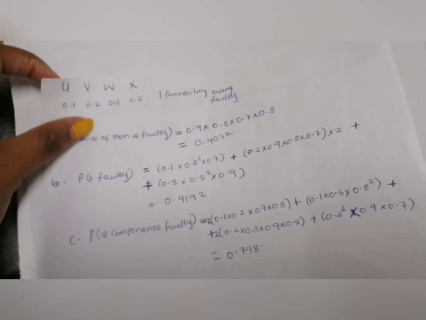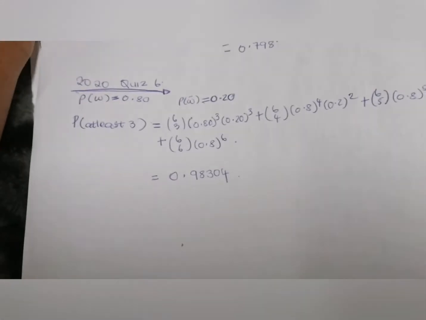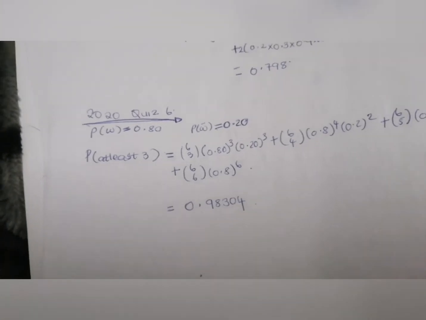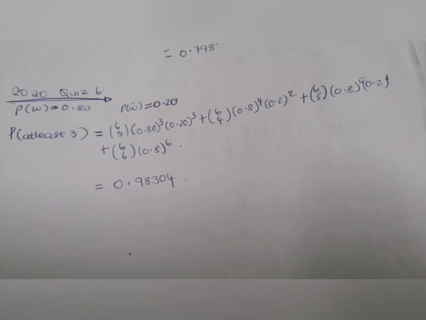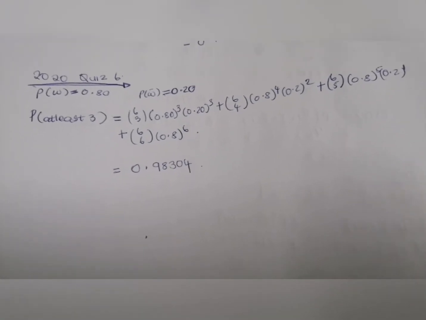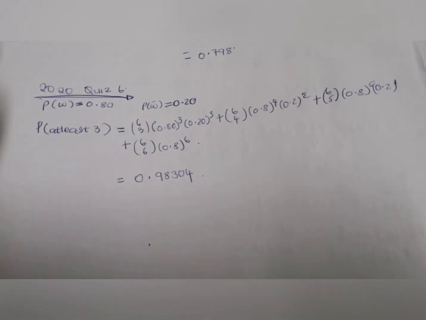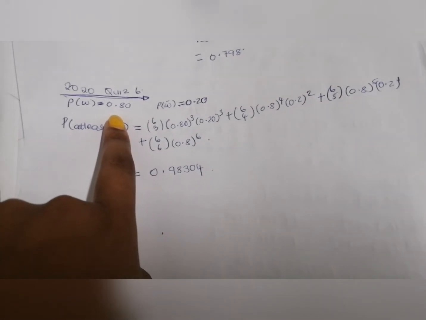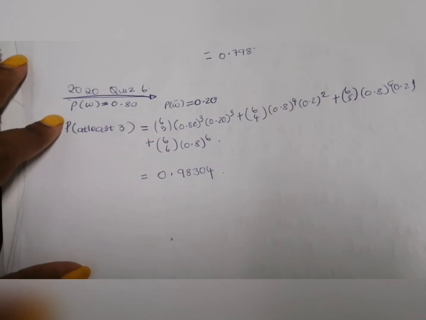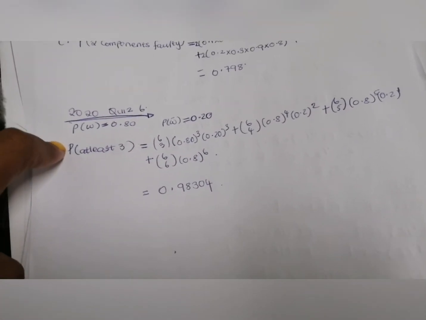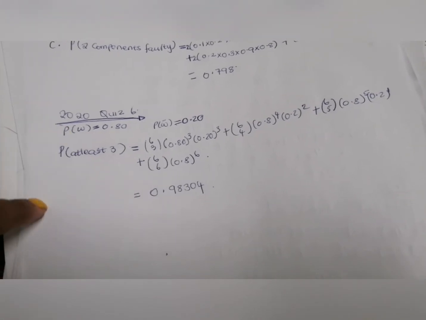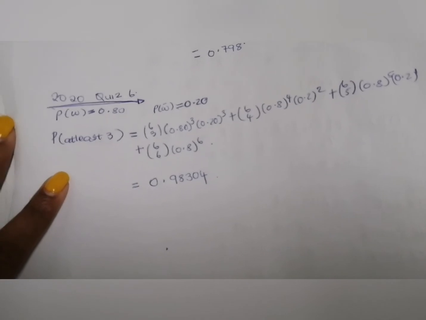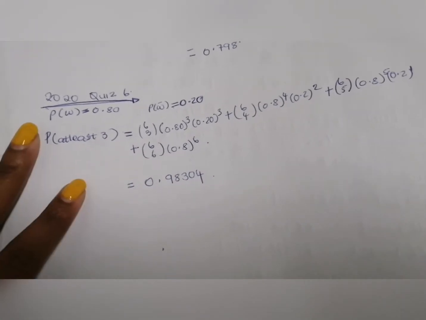But I found a quiz from 2018, not 2020, sorry. So there we had 6 components, but the nice thing is that they all had the same probability, right? They all had the same probability. So you can see that because they have the same probability, we somehow use the binomial distribution.